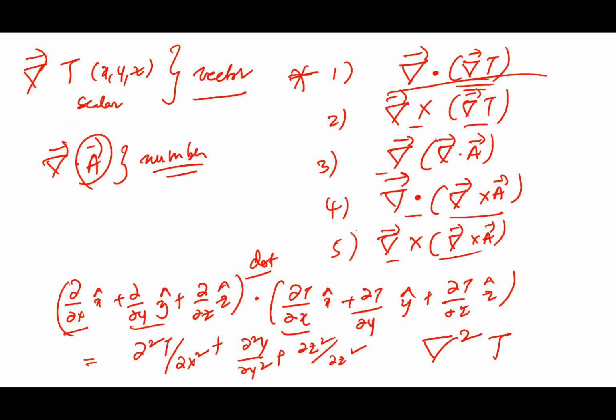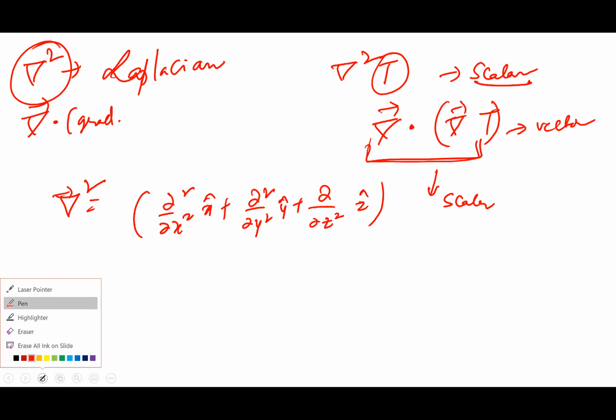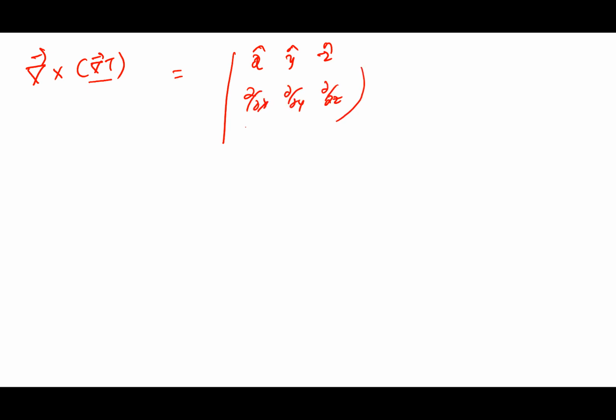But going back, we are now going to look at the curl of the gradient of T. This is also easy enough to do. So the curl of the gradient of T would be the determinant with x, y, and z, then dou by dou x, dou by dou y, dou by dou z, and here you have dT by dx, dT by dy, and dT by dz.